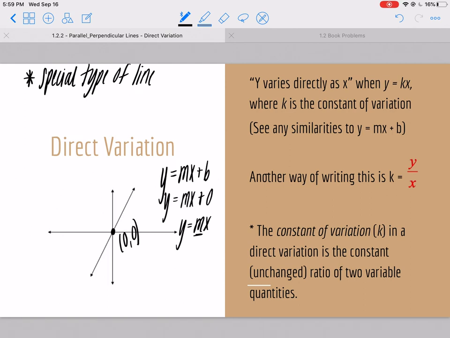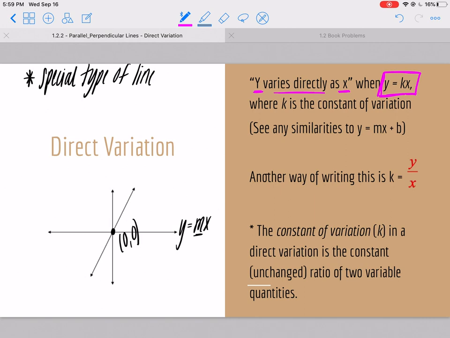So this is where we get the equation for direct variation, which I want you to write down. Anytime we have a case or an instance of direct variation, we say that the variable y varies directly as x does.